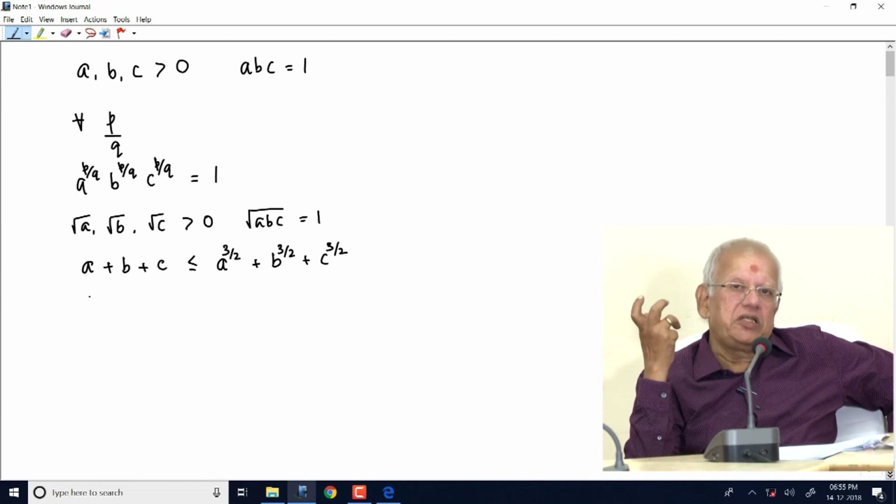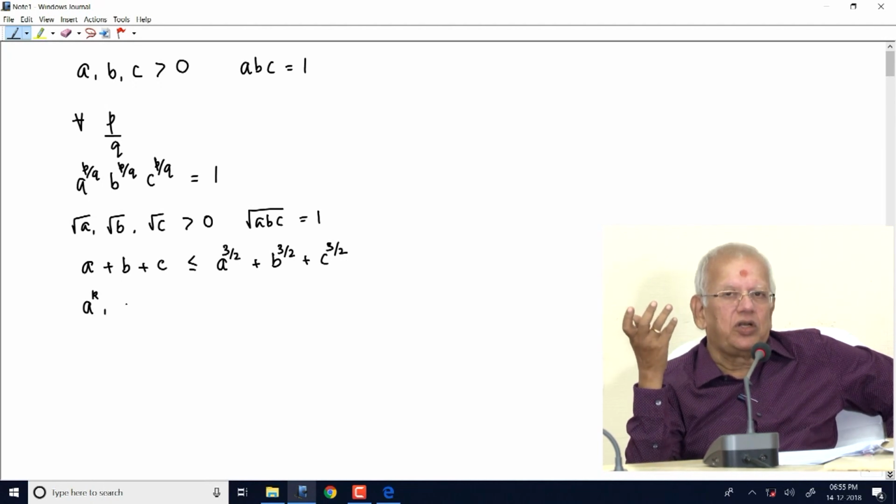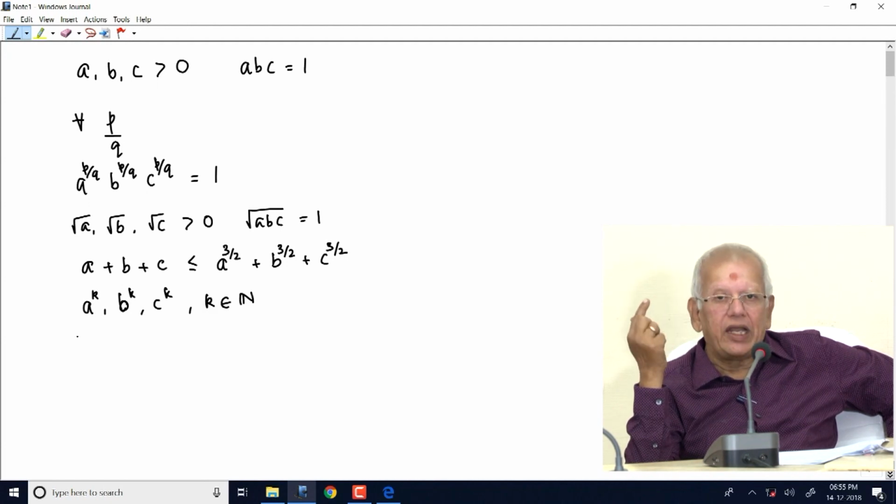And for the same reasons, I could have taken A power k, B power k, C power k for any natural number n. Then also they are all positive and the product is 1 again.